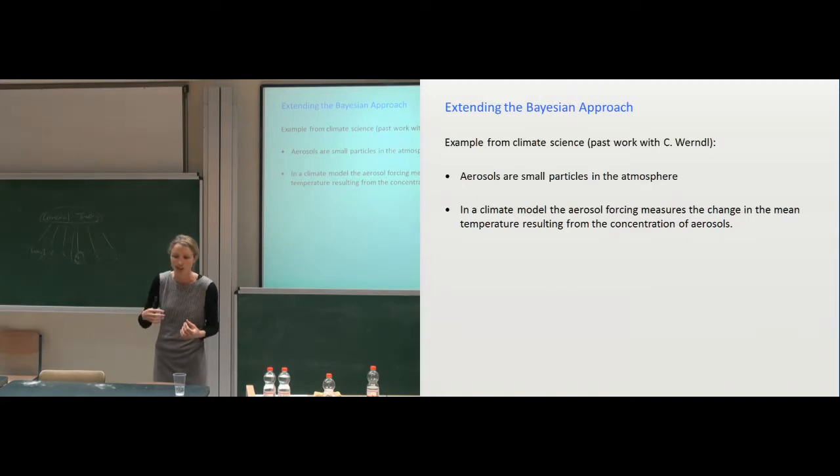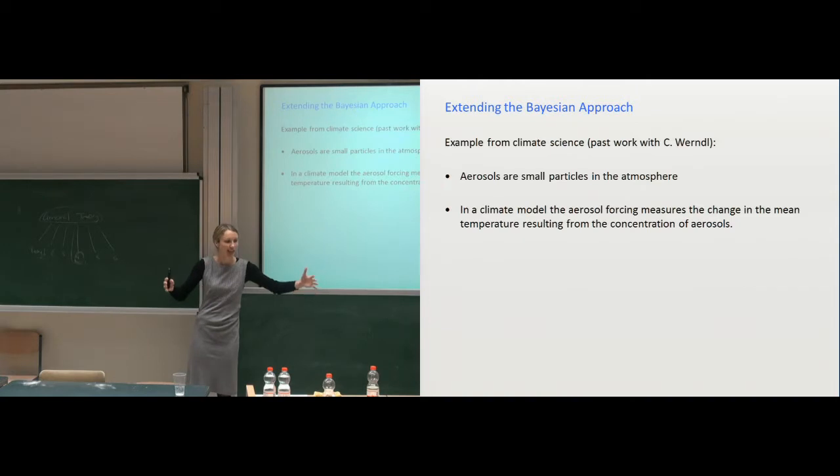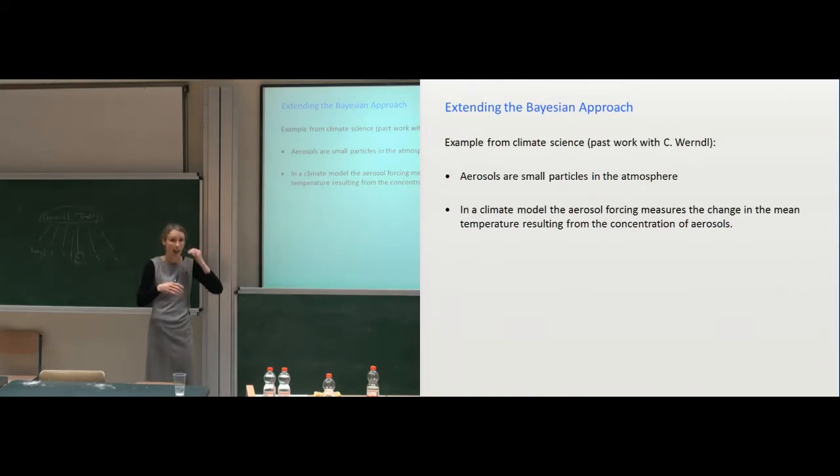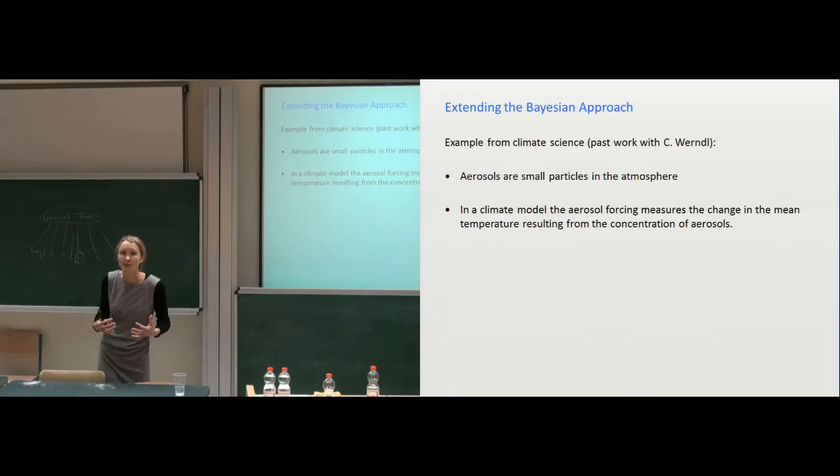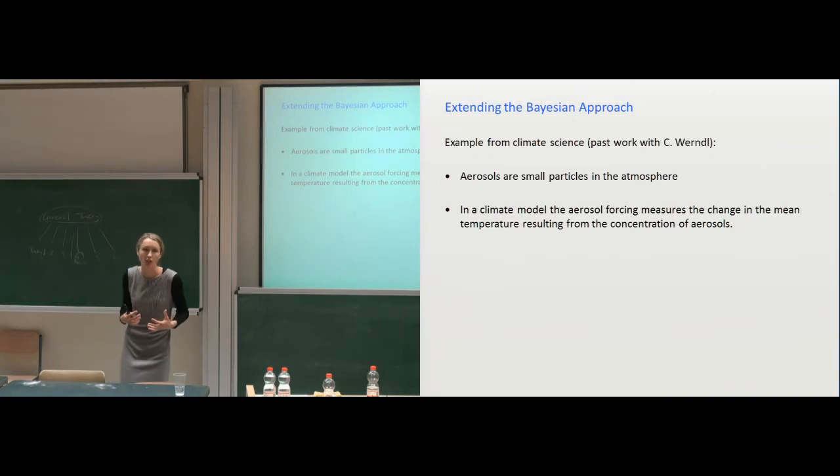Much more uncertainty about what aerosols do, although they're thought to have a cooling effect. But even that's unclear. There's some uncertainty as to whether they have a warming effect, but most of the guesses are that they have a cooling effect on the atmosphere. So for instance, the pollution above China has a cooling effect on the mean global temperature. So we should be pleased about that pollution for the time being.